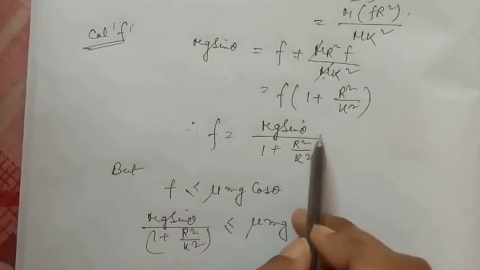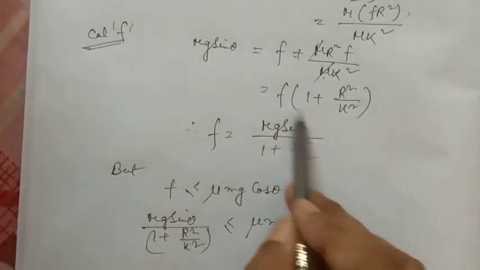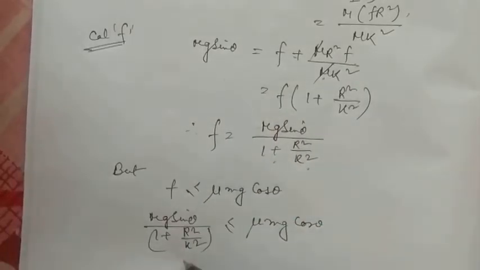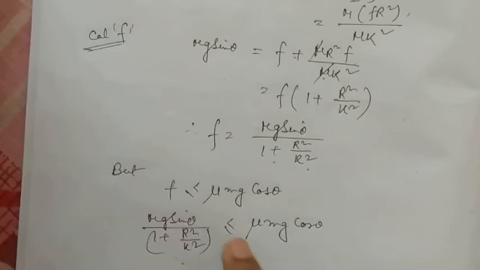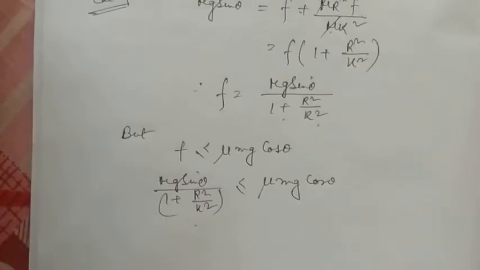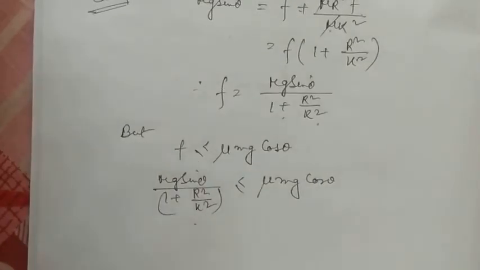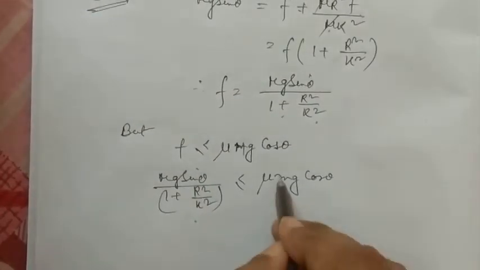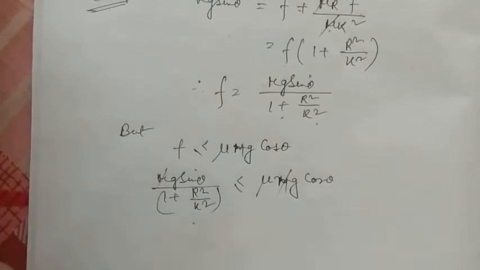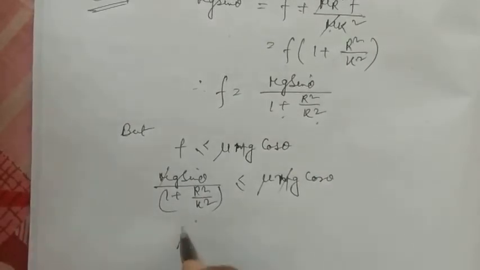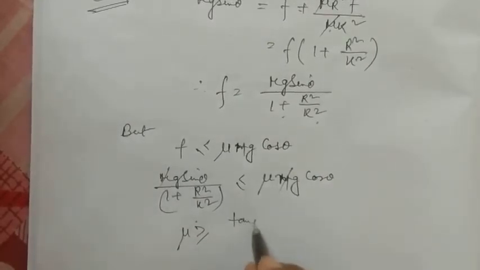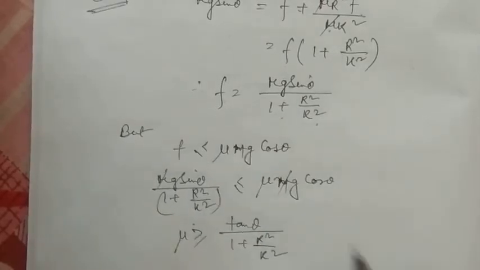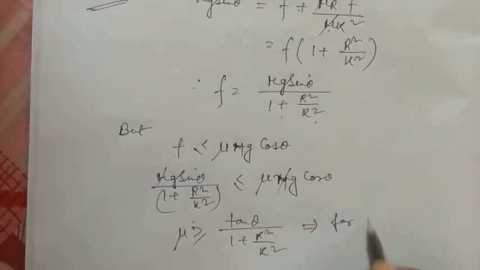So from the pure rolling condition, we have found the value of F to be mg sin theta by 1 plus R square by k square. We have replaced F here, less than or equal to mu mg cos theta. So sin theta by cos theta becomes tan theta, and again M gets cancelled from both sides. It will be mu greater than or equal to tan theta by 1 plus R square by k square. This is for pure rolling.